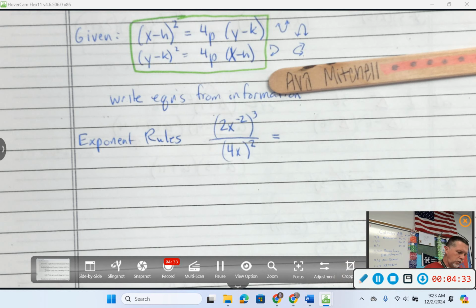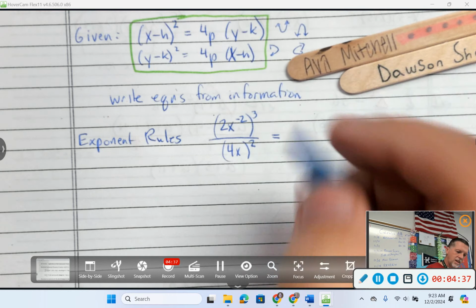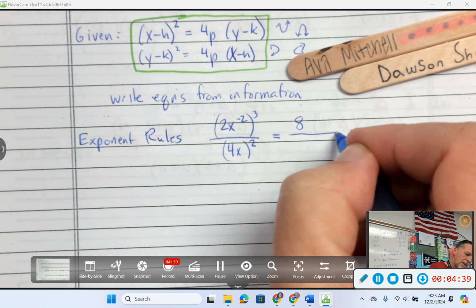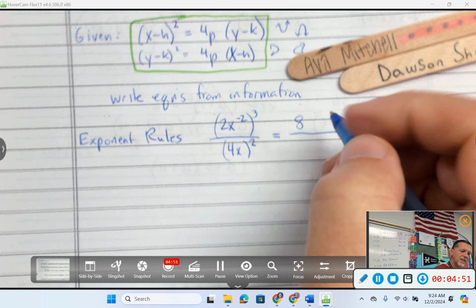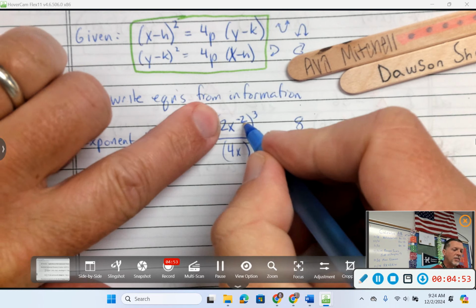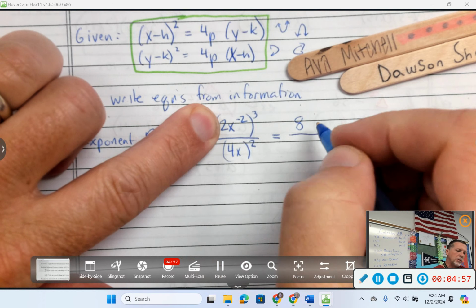Ava, how about 2 cubed? 8. Dawson, how about x to the negative 2 cubed? Power to a power? It's not 2 cubed. A power to a power is multiply?